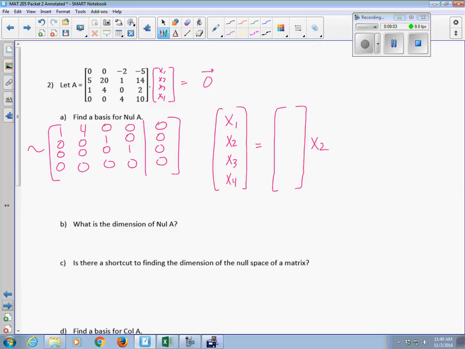So x1 is equal to negative 4x2. And x2, x3, and x4, what do those equal? Well, x2 is free, so I put a 1 there. What about x3 and x4? They're both 0, according to the matrix I wrote down. This says x3 equals 0, x4 equals 0. So this vector, negative 4, 1, 0, 0, is a basis for the null space of A. So my basis is that one vector.